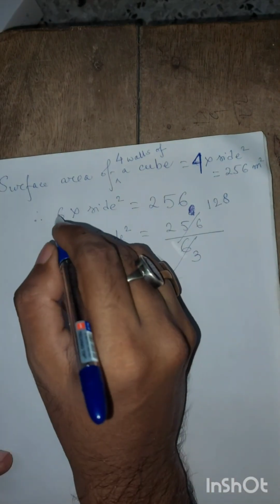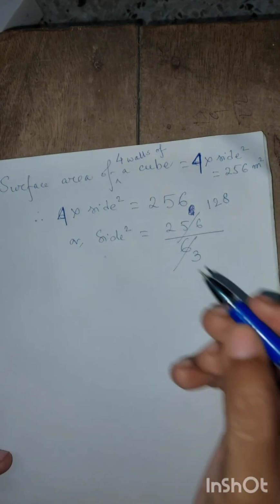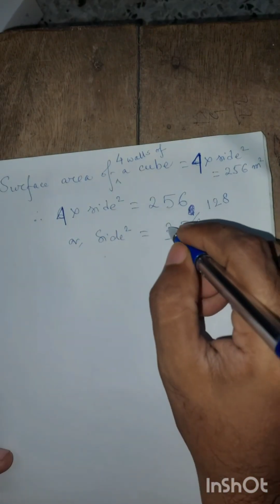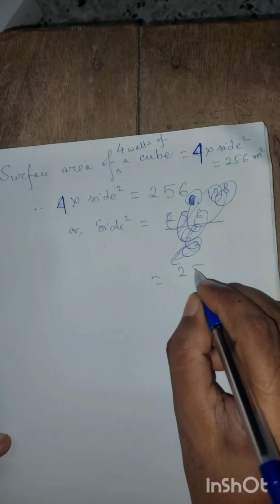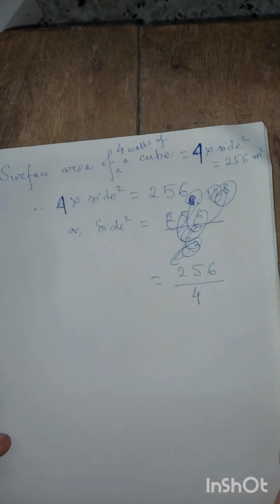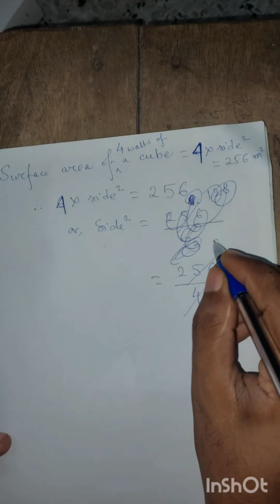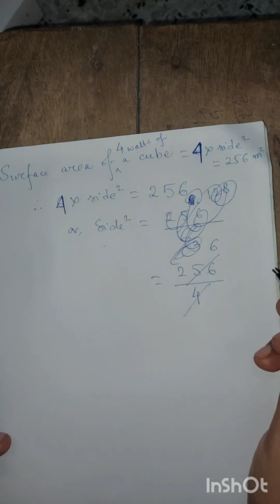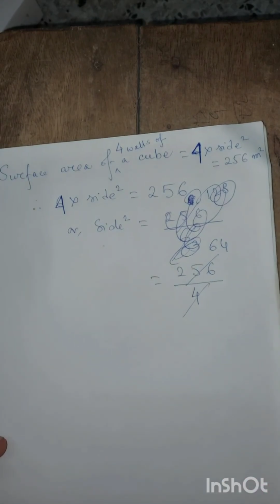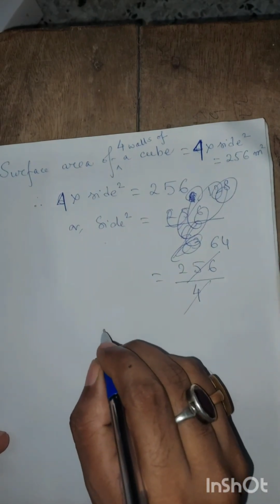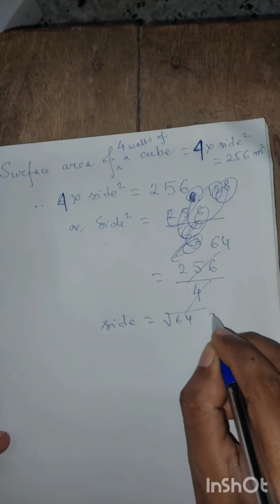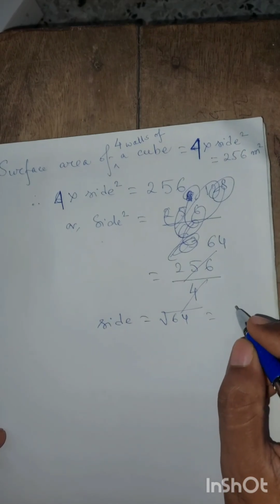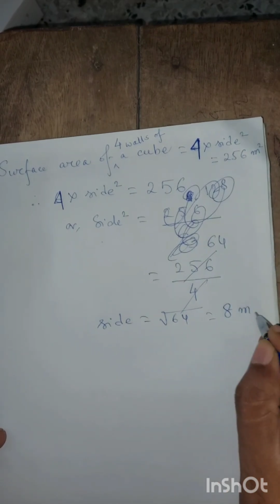So this should be 4. So side is equal to root 64. That means 8 meter.